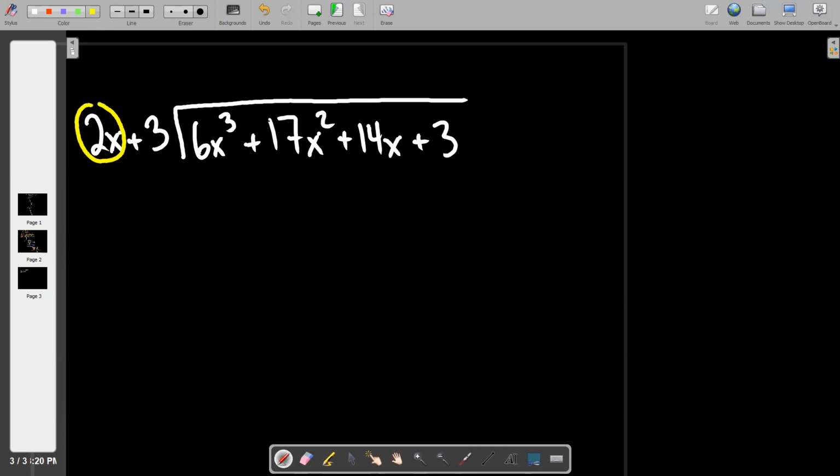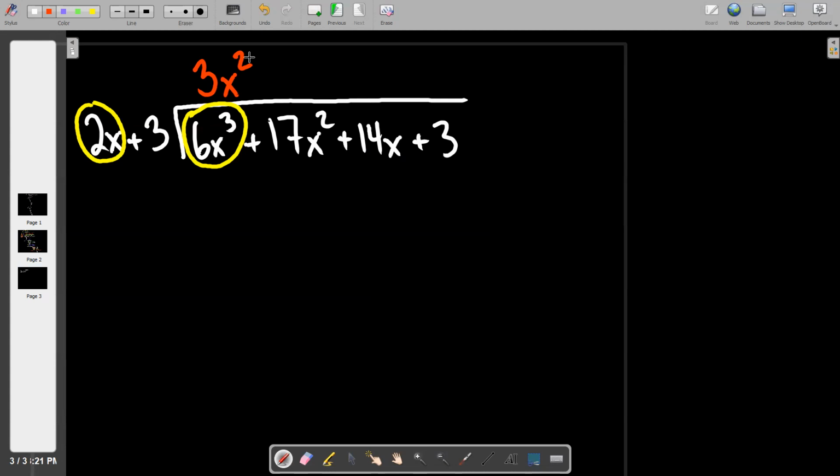How does that yellow become that yellow? What do you have to multiply outside yellow by to make inside yellow? 3x squared, though, Haley. We need that extra x to turn that 1x up into 3 of them, right? Good job. So we're going to multiply by 3, and we're also going to multiply by another x squared.